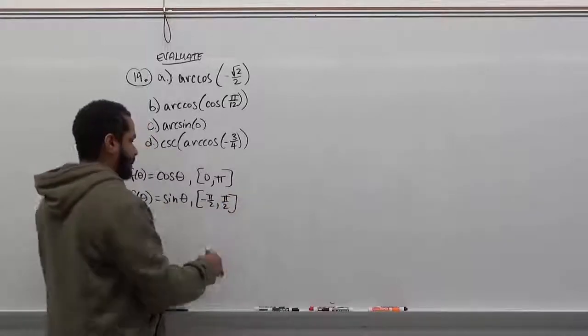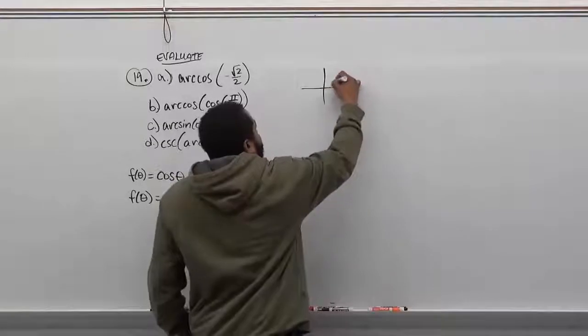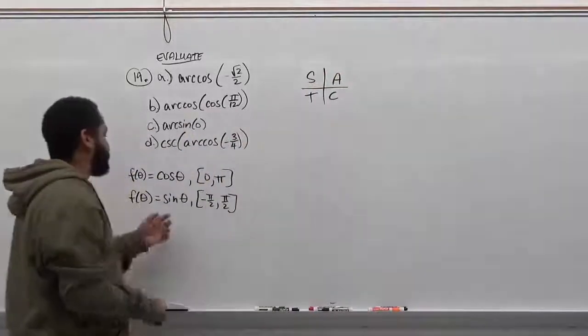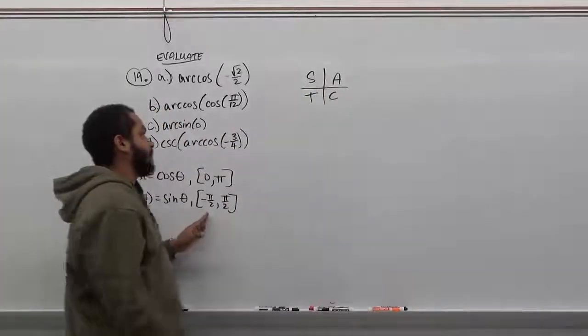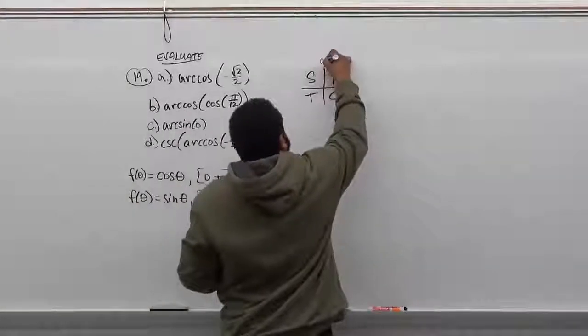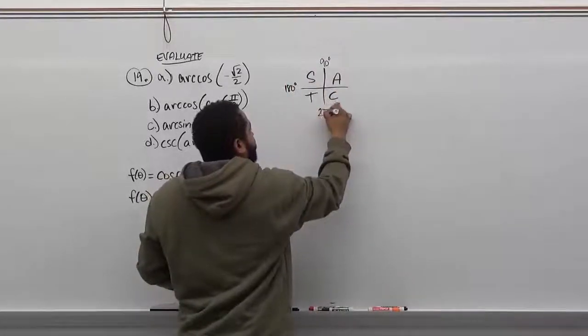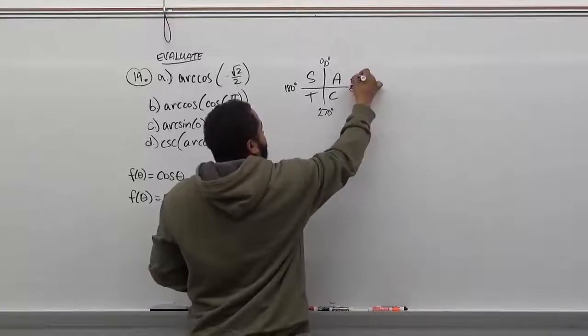And the reason for this, just like the cosine one, is the mnemonic all students take calculus. We know that sine is positive in the first and second quadrant. Remember this is 90 degrees, 180 degrees, 270, and 360 as well as being 0.